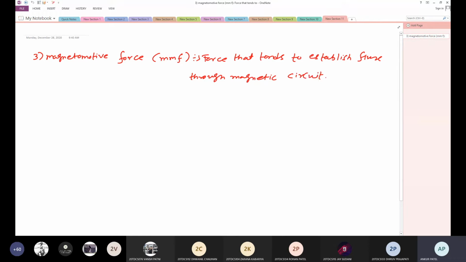So MMF, or magnetomotive force, is defined as the force that tends to establish flux through a magnetic circuit.